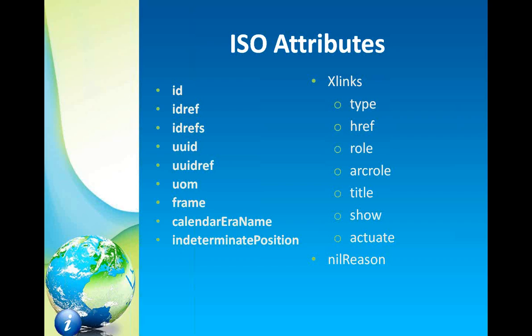That's a type of attribute, and you can have several types of X-links, such as type, href, role, arc role, title, show, actuate. The most common X-links that we'll be dealing with are href and title. And then you also have the attribute called nil reason, which is pretty heavily used throughout.